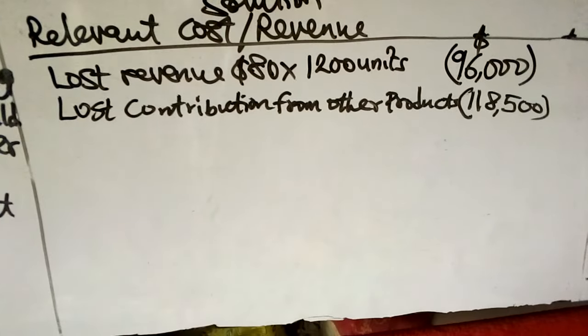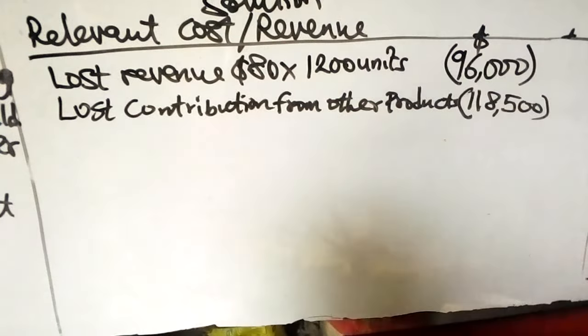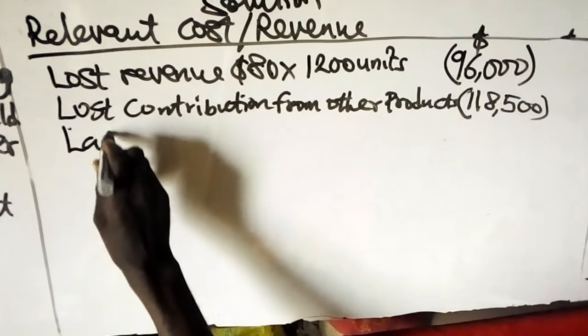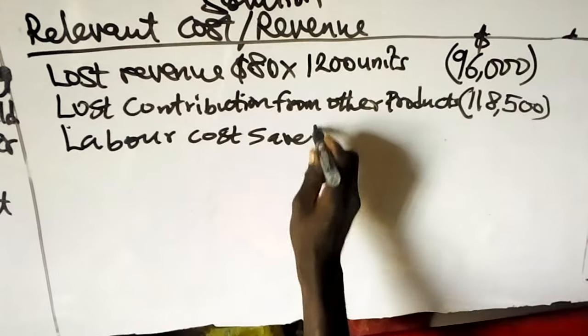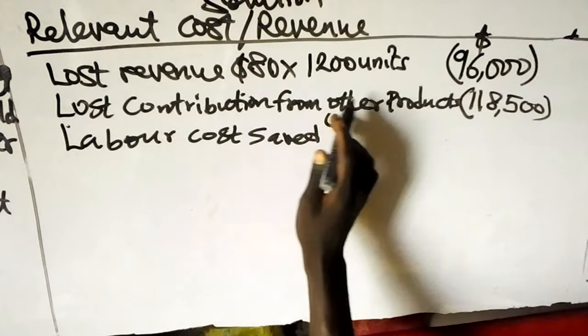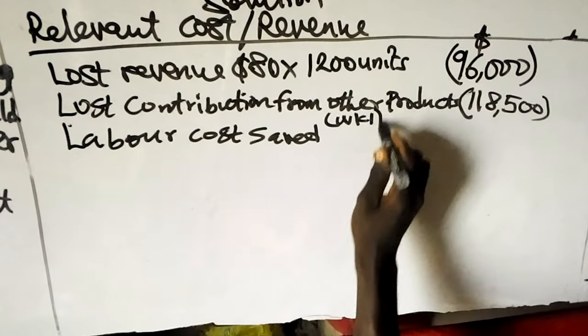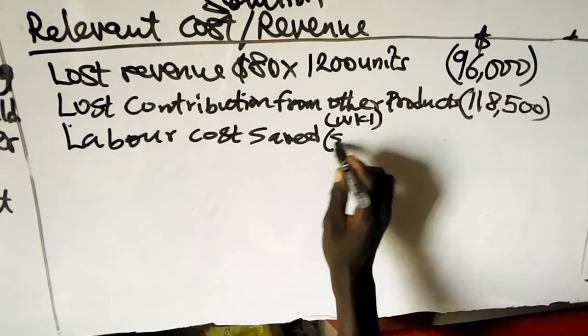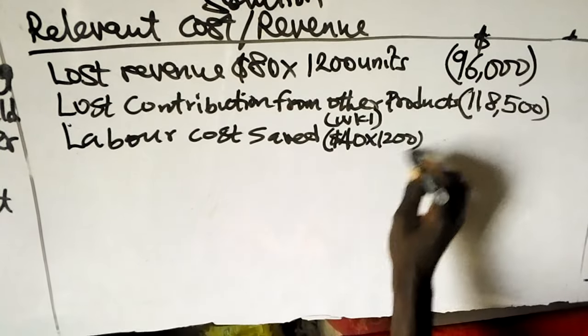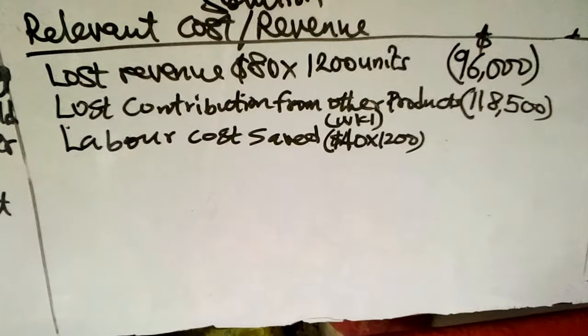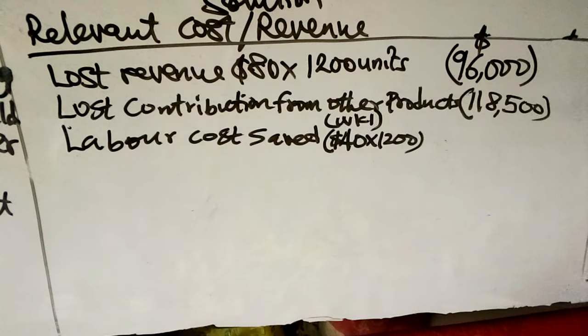So we have the saved labor cost, labor cost saved. The labor cost is $40 per unit times 1,200, and since a saving is an inflow, that cost will be saved.